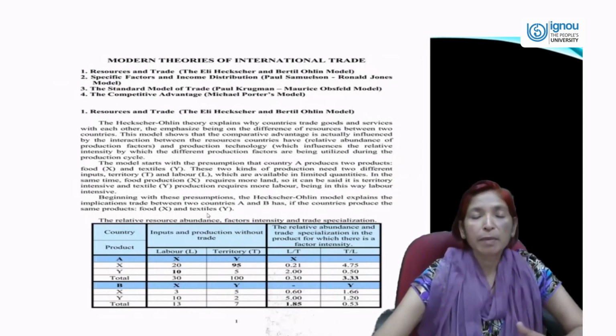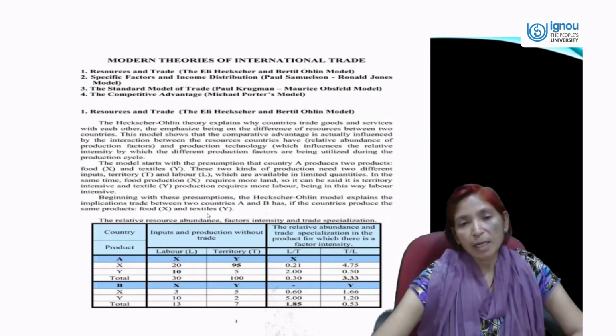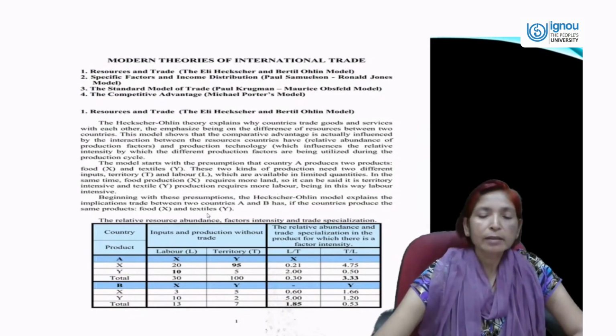So this theory is mainly based on factor endowment. The specific factor and income distribution theory was explained by the Paul Samuelson or Ronald Jones model. The standard model of trade was explained by Paul Krugman, the comparative competitive advantage theory was explained by Michael Porter, and the factor endowment theory was mainly explained by Heckscher and Ohlin.